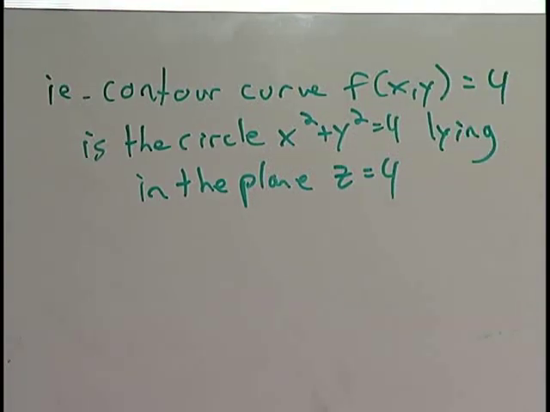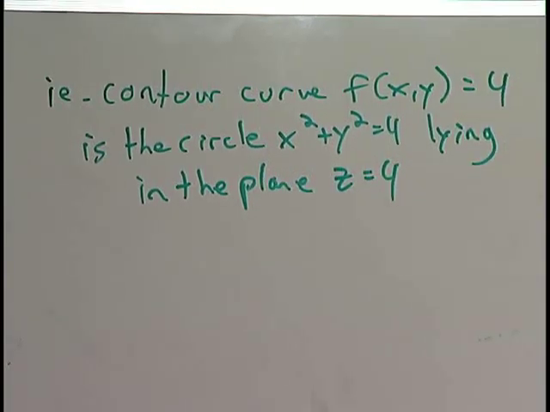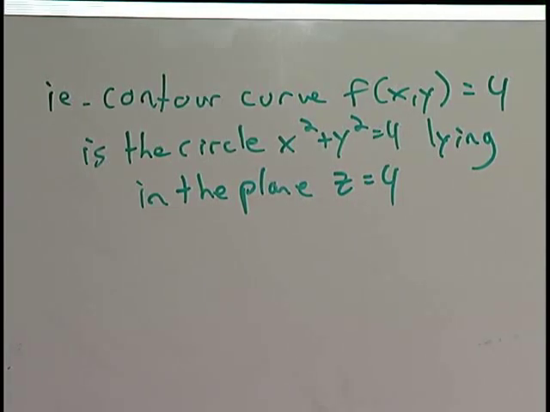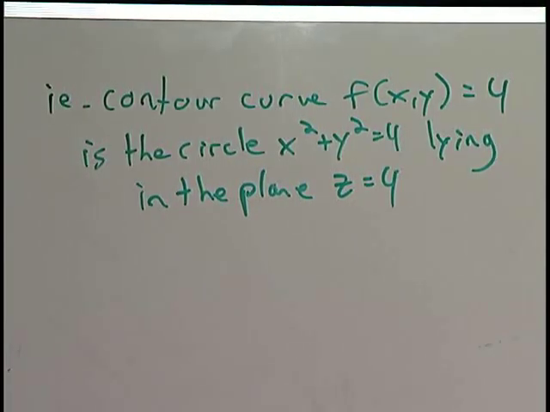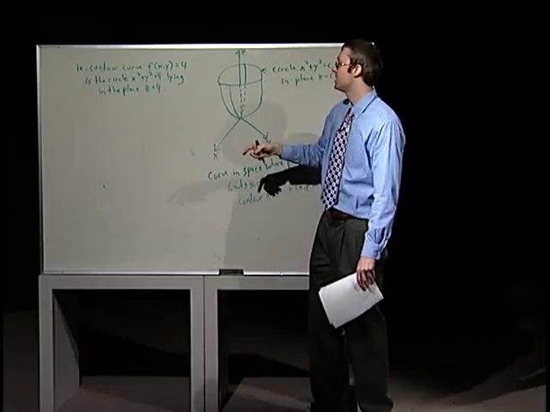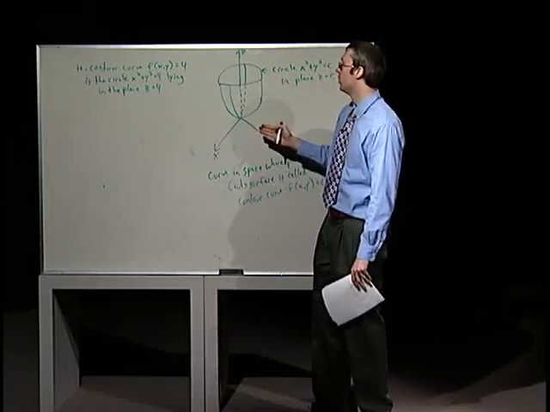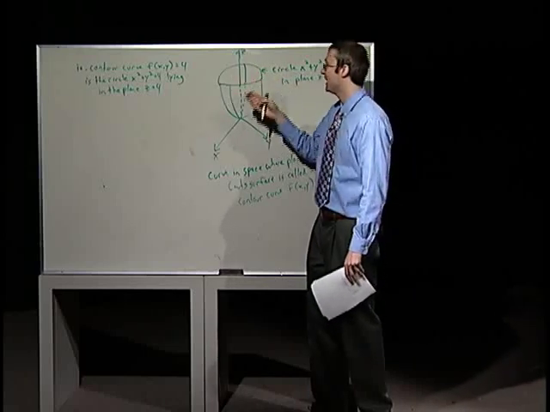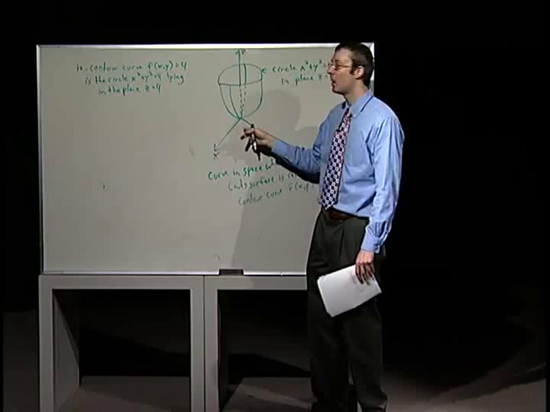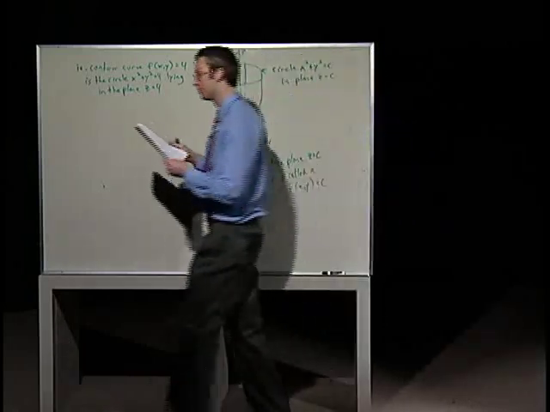In other words, here's the xy plane down here, okay? Up here is the plane z equals 4 parallel to the xy plane, and what's lying in it is this circle, all of whose heights are 4. So the circle up in the plane z equals 4 is a contour curve. The circle lying in the xy plane is a level curve, okay?